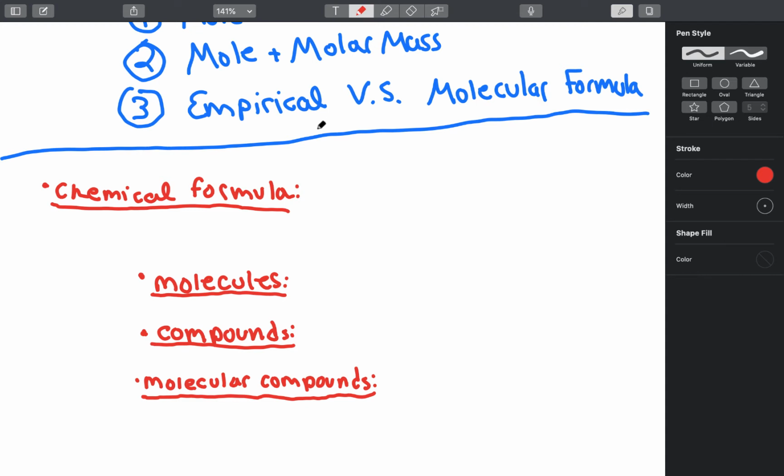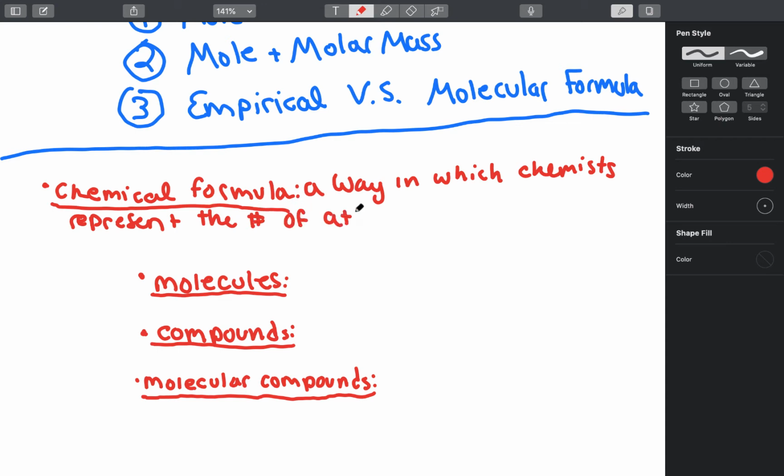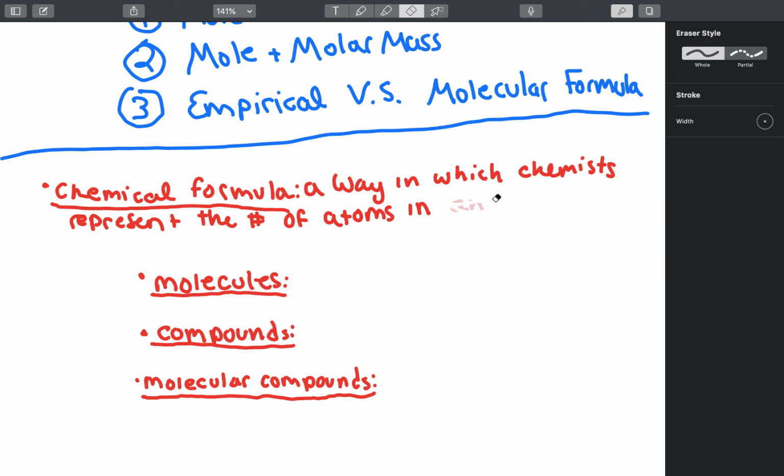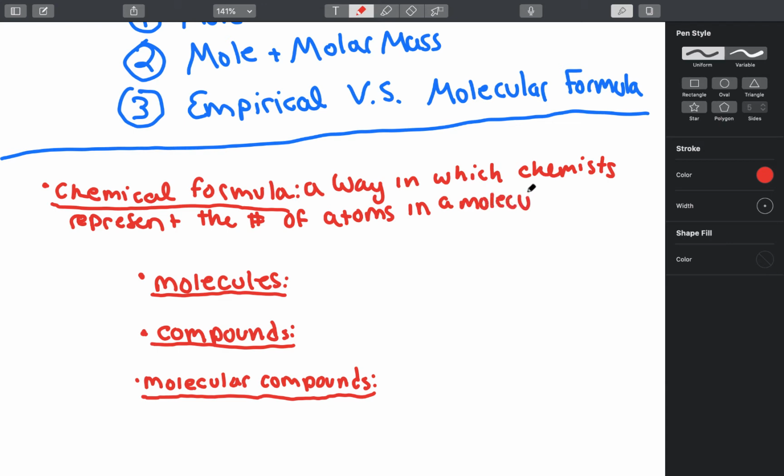Well, a chemical formula is a way in which chemists represent the number of atoms in a molecule or a compound.